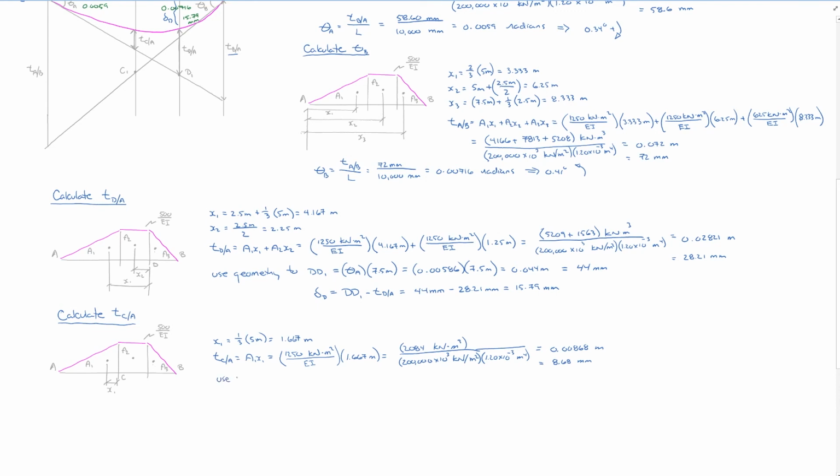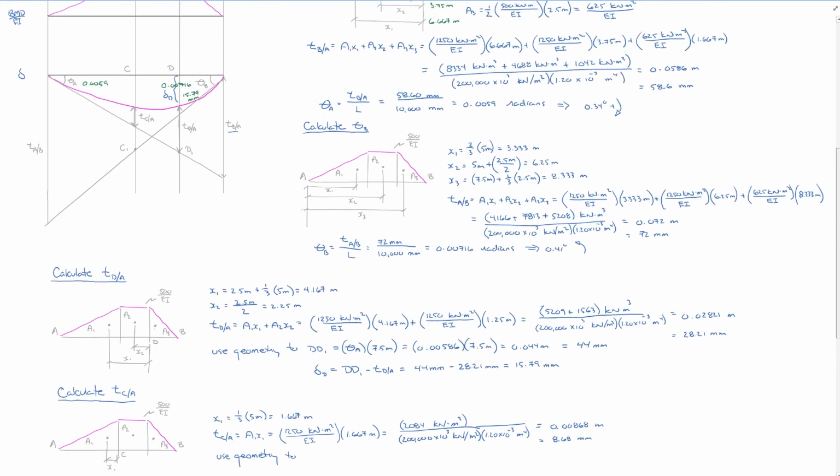So I'll just write that in here, use geometry to get CC1. So I'm just going to scroll up here a little bit so you can see what we're doing. We have CC1. You can see the distance in there.